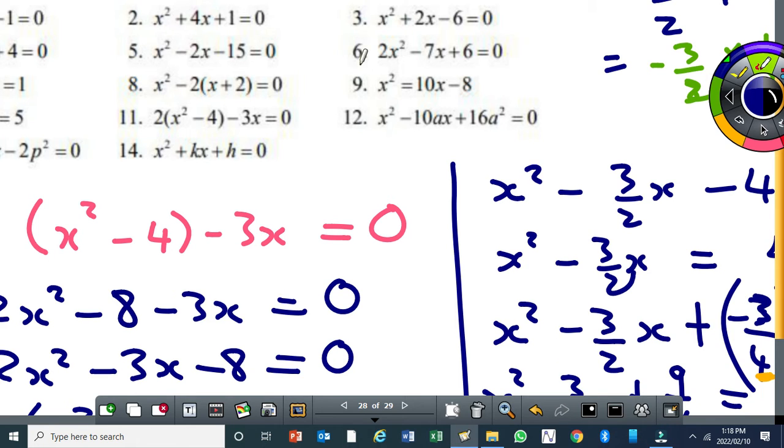Can you try to do number 6? Number 6 there. 2x squared minus 7x plus 6. Solve that. Number 6, solve by completing the square.